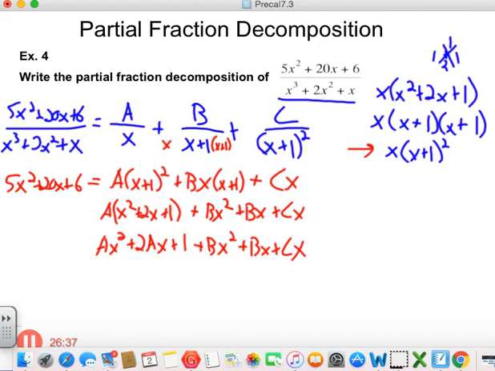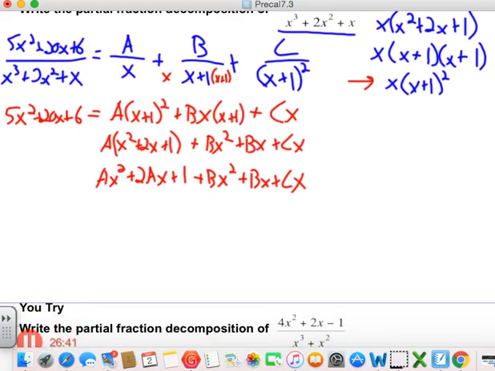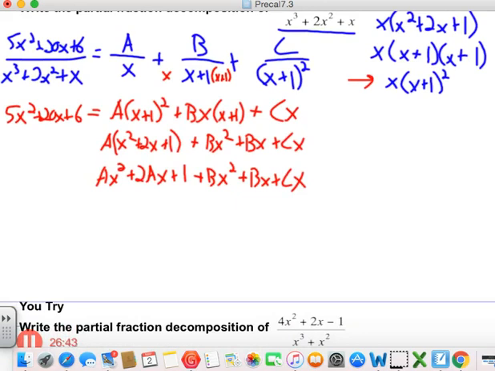Okay, long process, I know. So now we're going to take the x squareds and put them together, take the x's and put them together, and take the constants and put them together. So Ax squared, do I have another x squared? Yes, I have Bx squared. Do I have any others? Nope. I'm going to cross out just to make sure I don't lose anything. Now let's put the x's together. I've got 2Ax. Do I have any other x's?